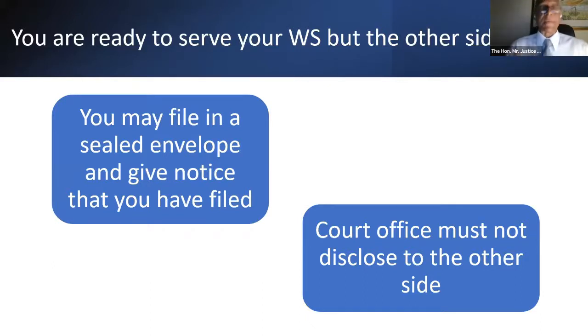Because the whole idea of simultaneous exchange is that the court doesn't want the defendant, if you're the claimant, for example, to see your evidence and tailor their witness statement in order to respond to it. So you file your witness statement in a sealed envelope and give notice that you filed it. The court office mustn't disclose it to the other side. Next slide.